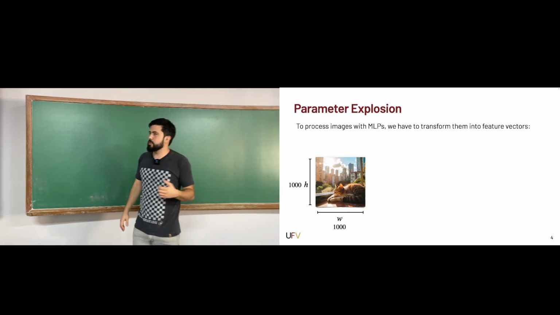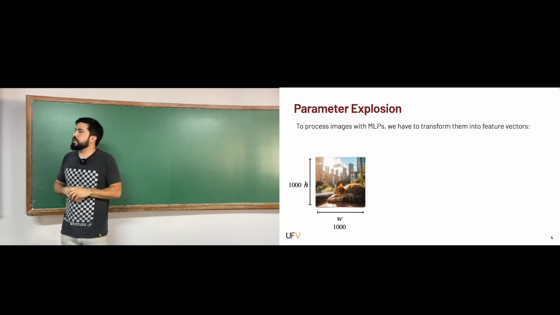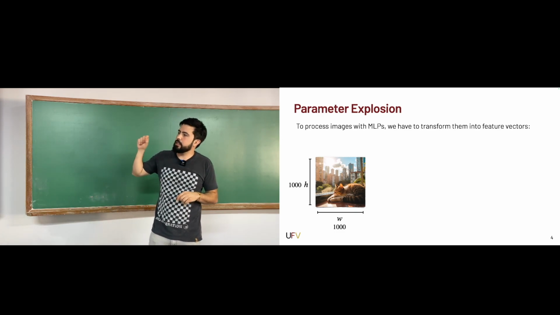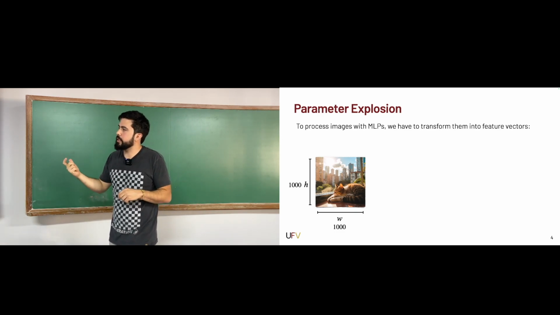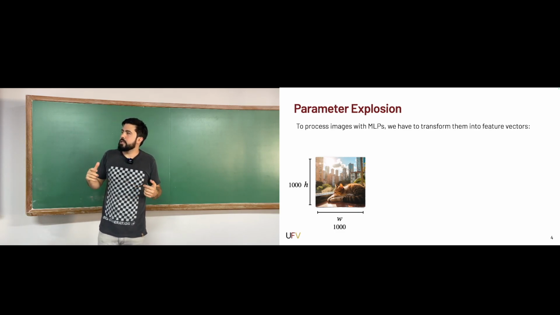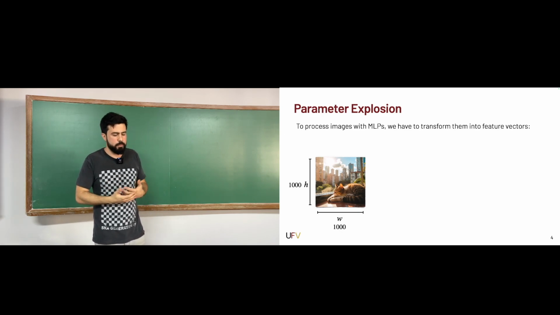So let me show you this with an example. Consider this image, which is 1,000 pixels in height and 1,000 pixels wide. So it's a squared image that is a high definition image, but even for today's standards, is not actually a very large image.